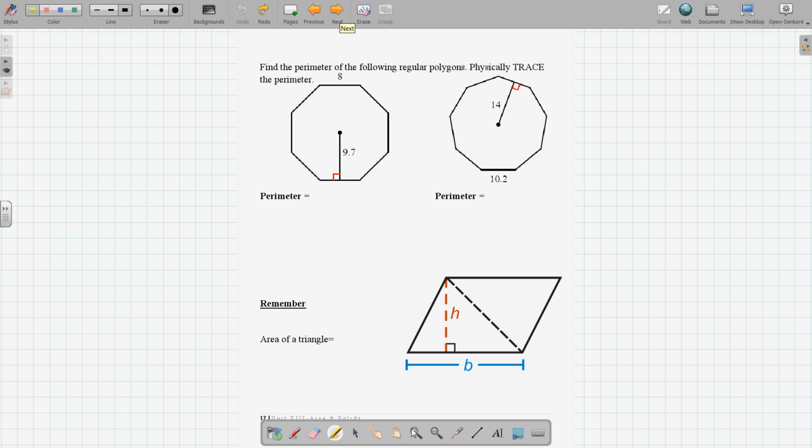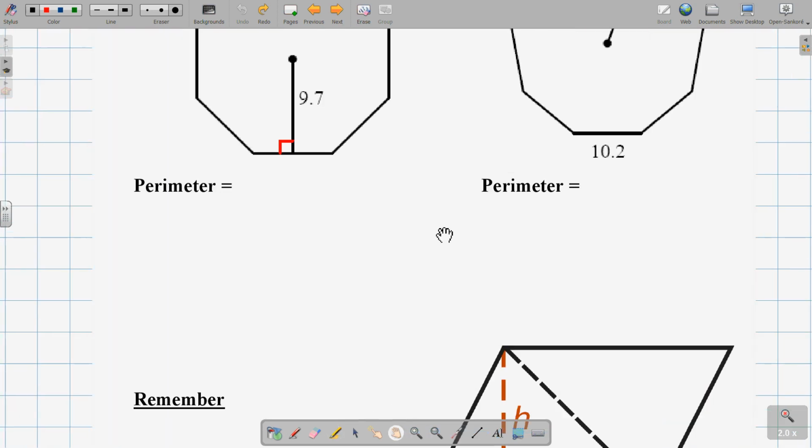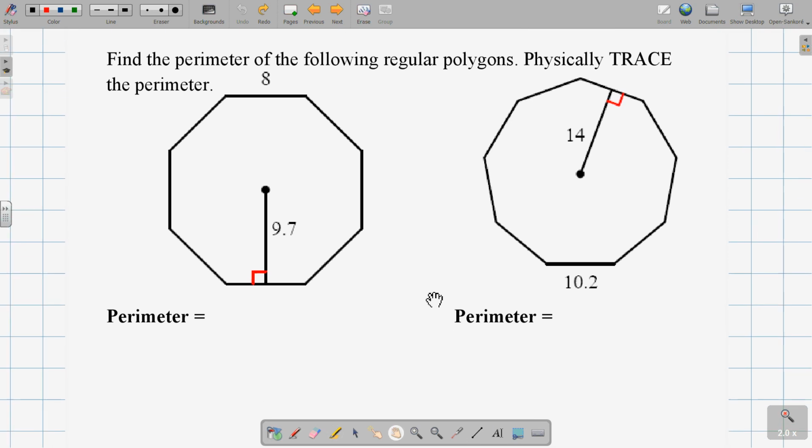Whenever you're working with regular polygons, I always want you to physically trace the perimeter. Do not use your eyeballs. Okay, ready? Let me show you what I mean. Trace this right there. One. Keep going.